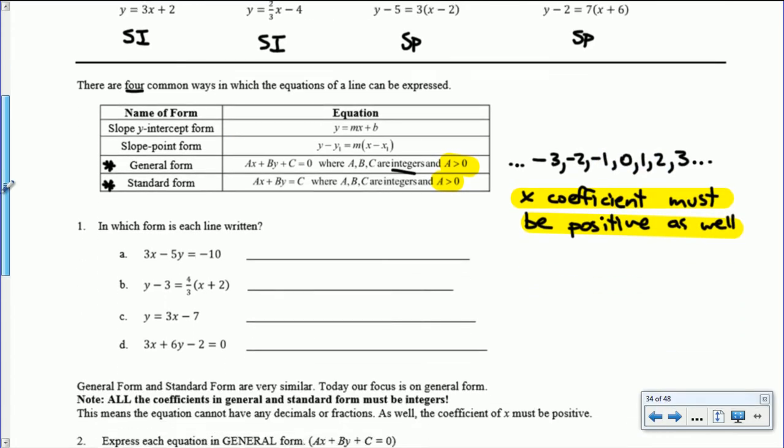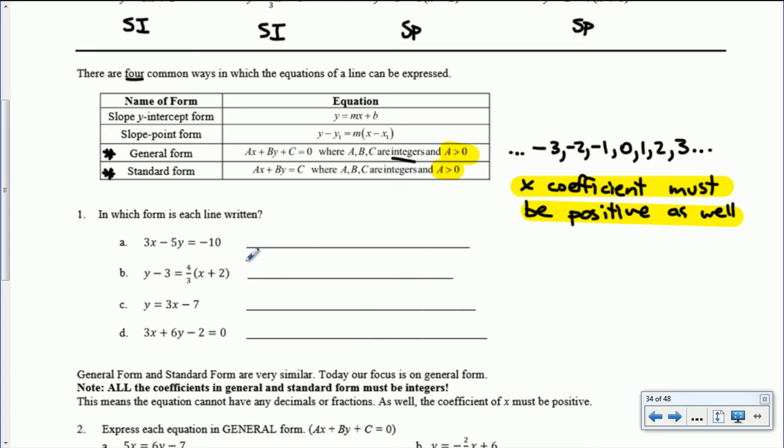Okay, so let's have a look at these four here. You might want to just try these out on your own first, but we'll go over them in a second. This first one has coefficients, so it looks to be standard. If it was 3x minus 5y plus 10 equals 0, then it would be general. This one has stuff with the y, there's a fraction in here, there's stuff in brackets, that's slope point.